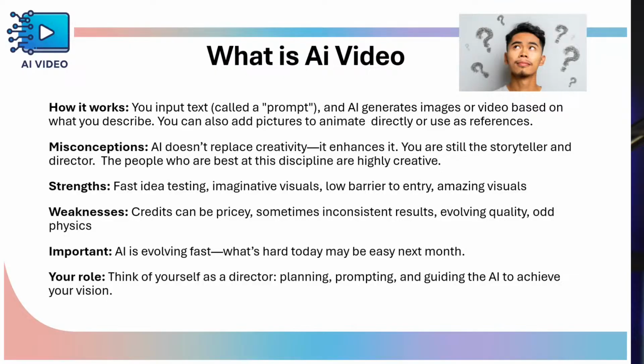I'm sure by now everybody's seen VO3 videos. If you've seen AI videos where the guy's talking, especially like the Yeti that's doing the vlog, hey guys, check it out, I'm in the Yukon. That's Google's VO3. Those videos are up to like $10 per 5-second video.